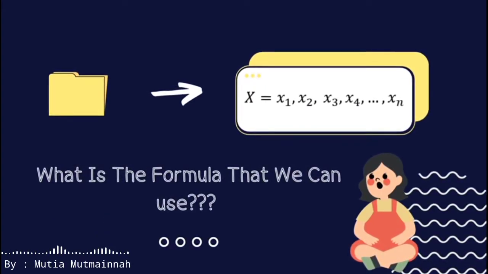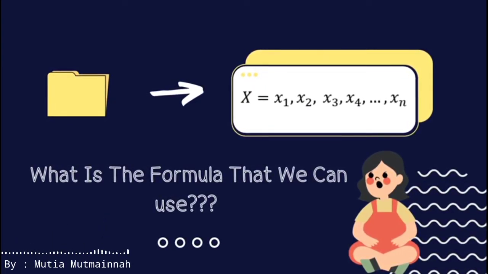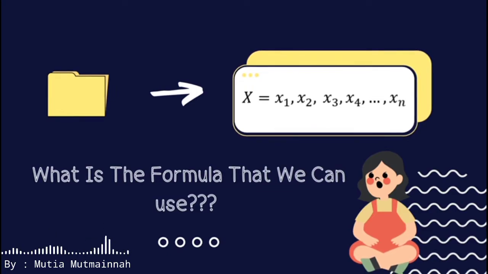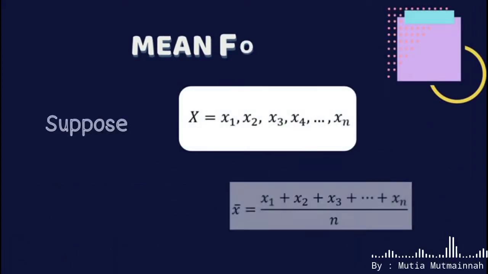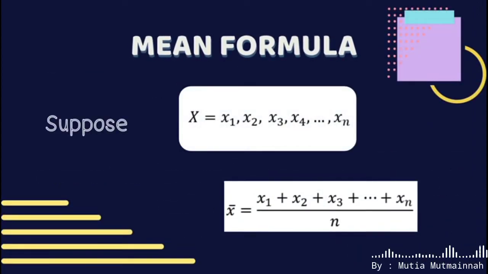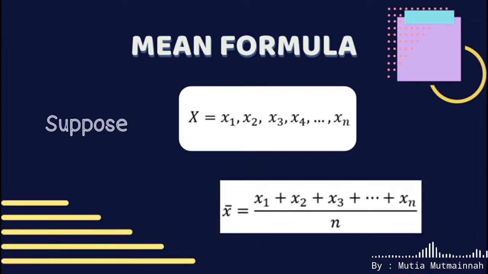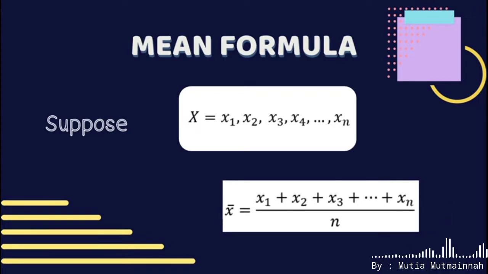So, let's say you have a bunch of data, and you are somehow trying to represent this with one number. What is the formula that we can use? The answer is we can use the average formula or mean formula. The formula to find the mean of an ungrouped data is given below.